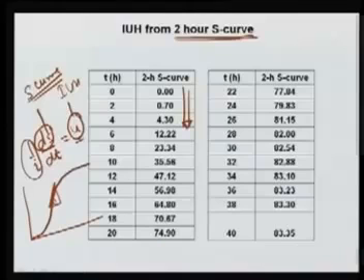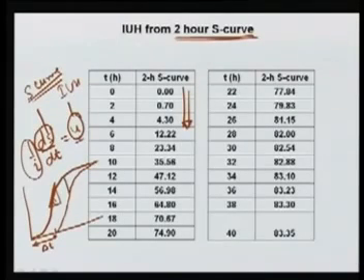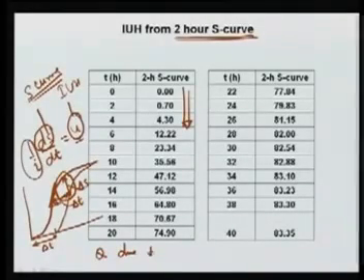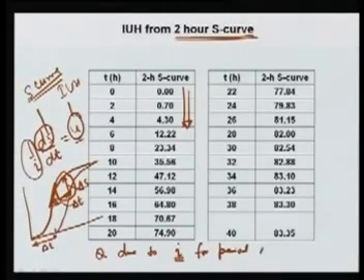If we shift it, suppose we shift it by delta t, and suppose this is delta S. So when we shift it by an amount delta t, delta S represents the Q value due to a rain of intensity I for period delta t.